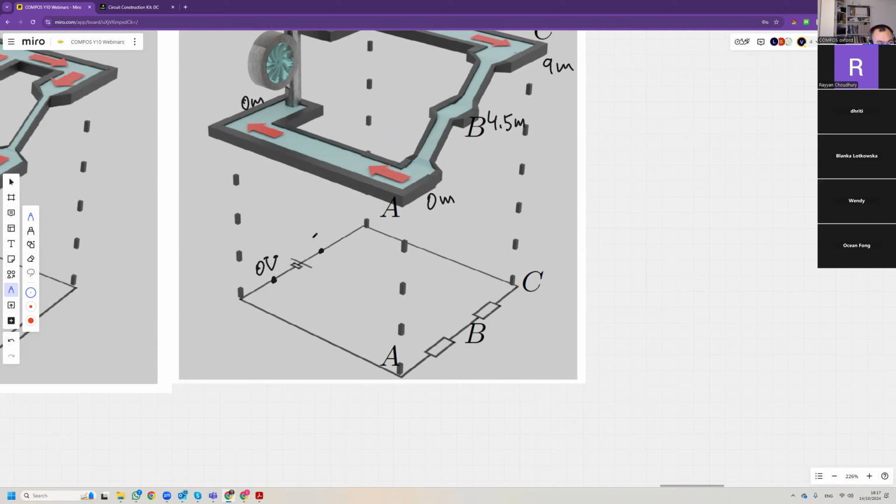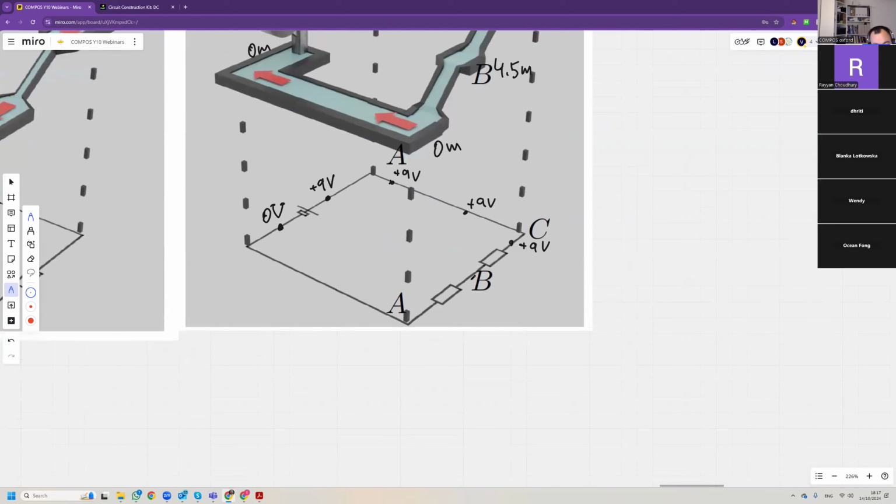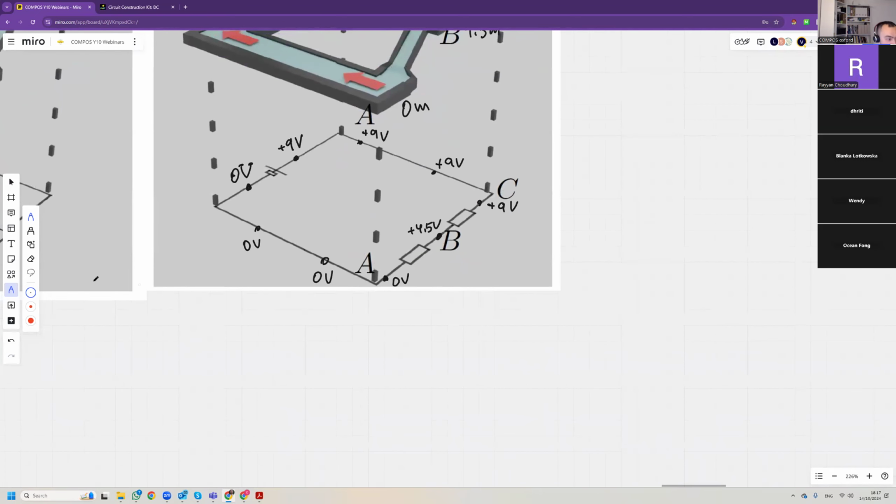Then the potential goes up to 9 volts, and then when you go down, it goes to 4.5, and then back to 0 volts.